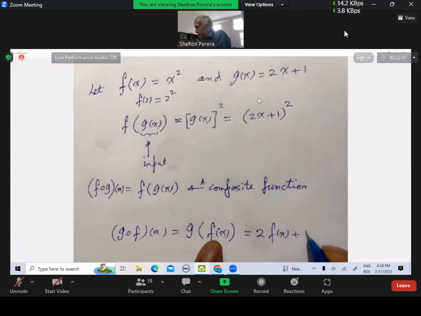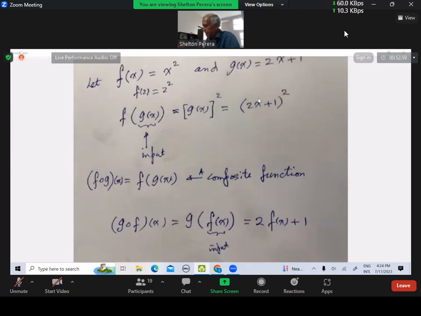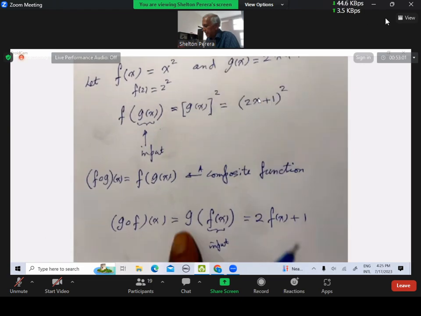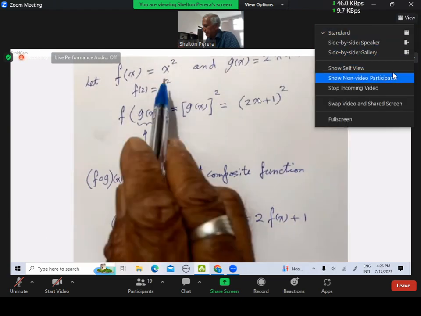So substitute it back for f of x. Now you see that g of f of x is not the same as f of g of x.